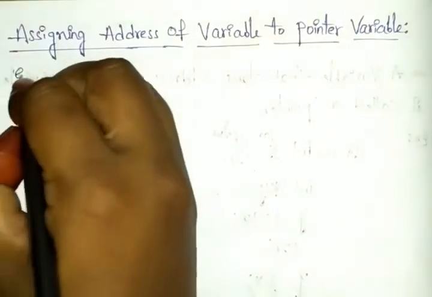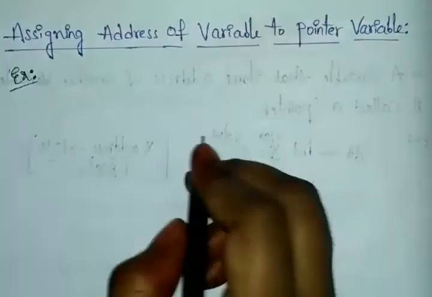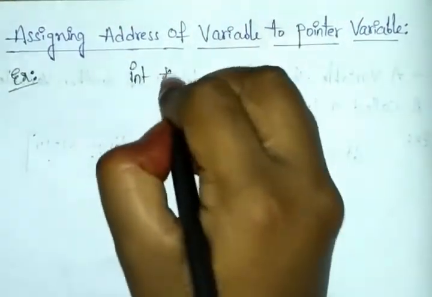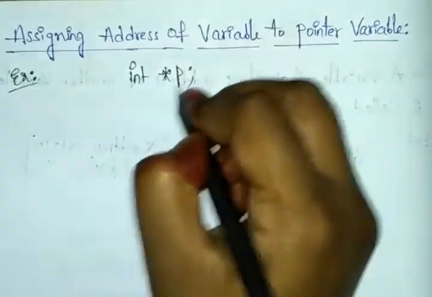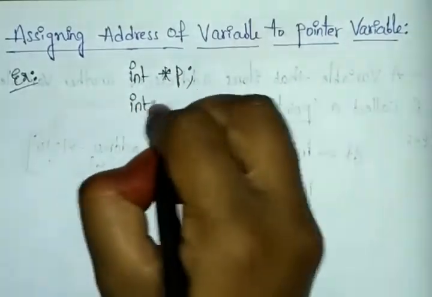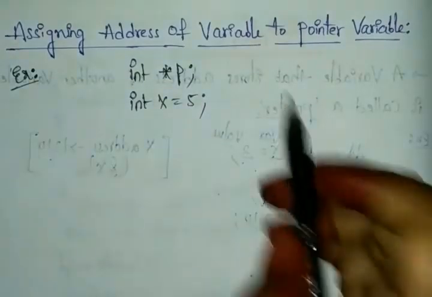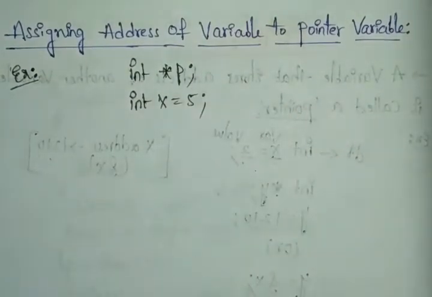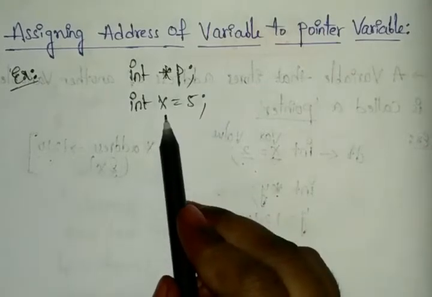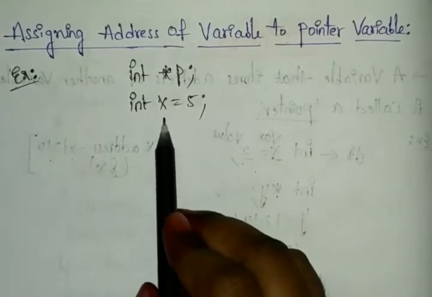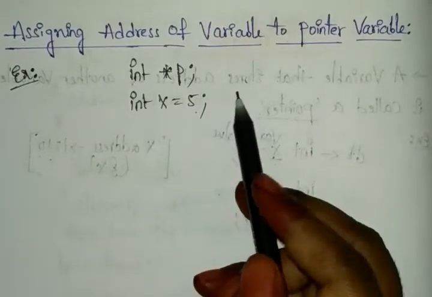For example, int pointer p, and again int x equals 5. So here we took the pointer p, and again we are choosing x. x is another variable, so x is storing the value 5, right?